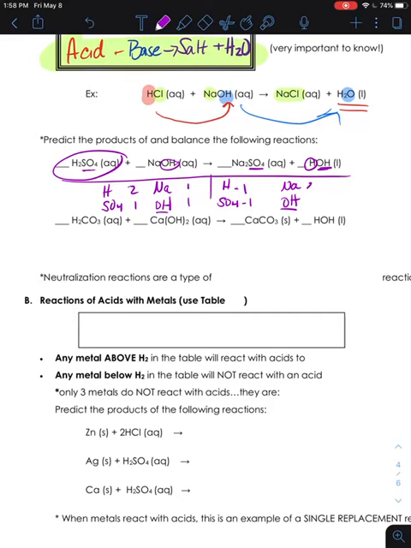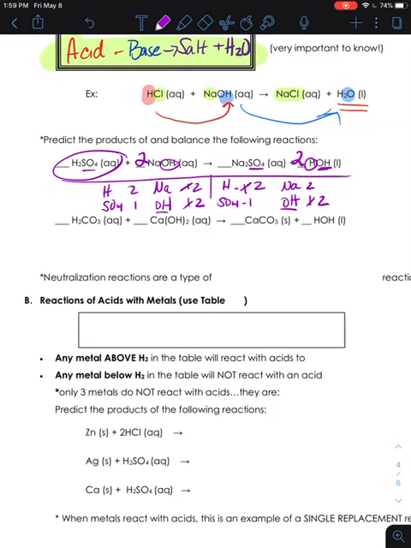I have 2 sodium and I have 1 hydroxide. So to balance this, I'm going to put 2 on this side. That's going to change my hydrogen. And then I'm going to change this, which is going to change my Na, my OH. So that would be a balanced equation.